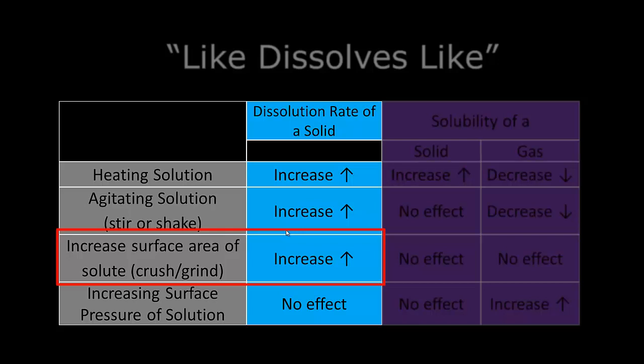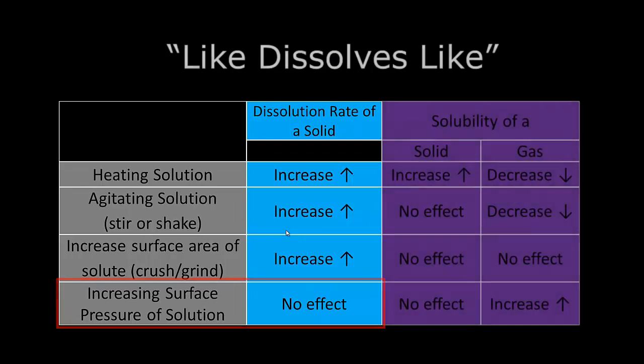So if you have a piece of rock salt and you put it in some water, and then you have the same mass of granulated salt and you put it in some water, the granulated salt will dissolve faster because there's more surface area for the water to touch. Now, if you increase surface pressure, that has absolutely no effect on the dissolution rate of a solid.